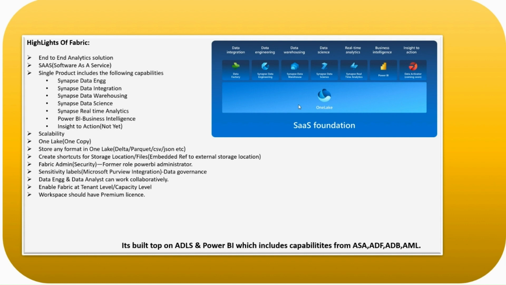Even when someone queries that table, the data should be masked, or a column or a row should be classified as secret information or confidential information. So it can be categorized and labeled, and depending upon the label, we can provide access. These kinds of features we can do in Microsoft Fabric.